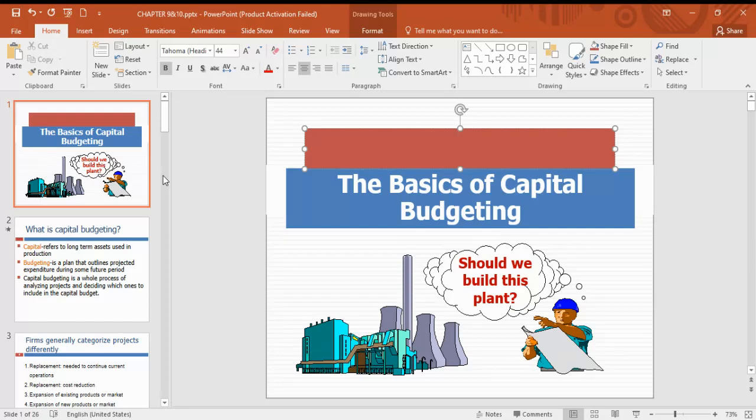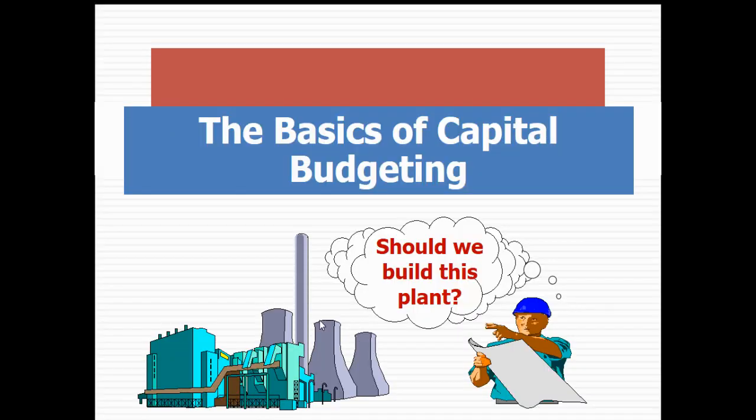Alright, class. So today we're going to be starting the chapter on the basics of capital budgeting. This is one of the important chapters. As you can see on the slide, there's an image of a factory or plant, and here the guy is asking a question: should we build this plant?